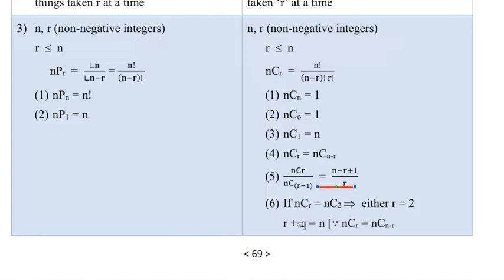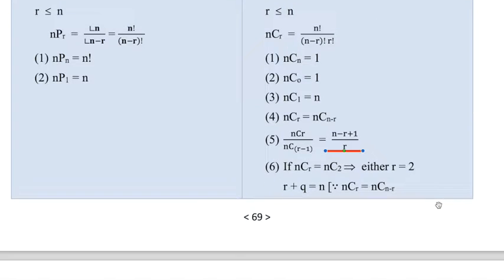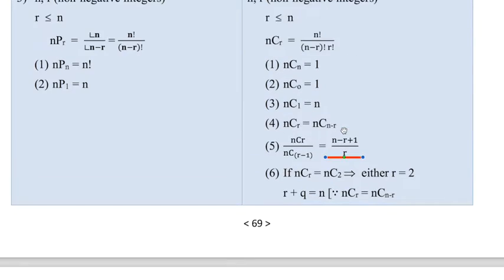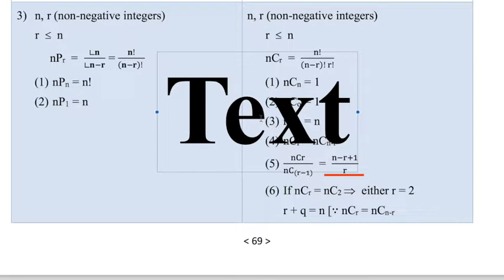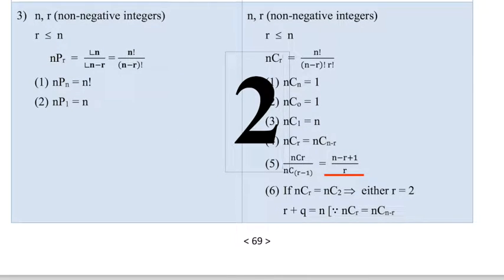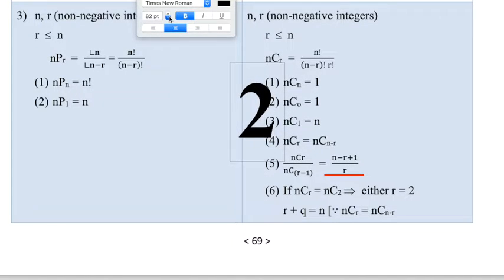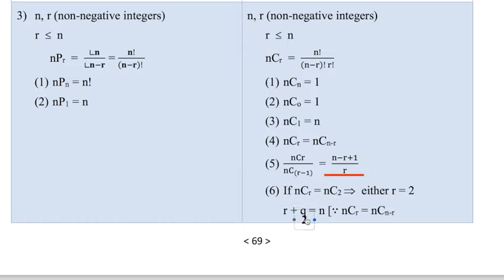This is not a big 2, this is a small 2. Only take 2, that's a printing mistake anyway. Okay, this is 2.